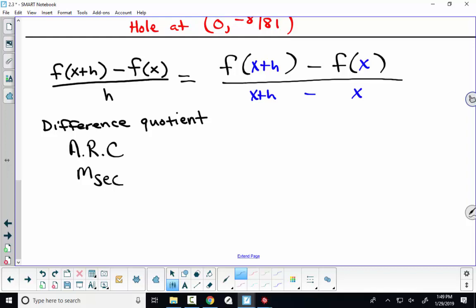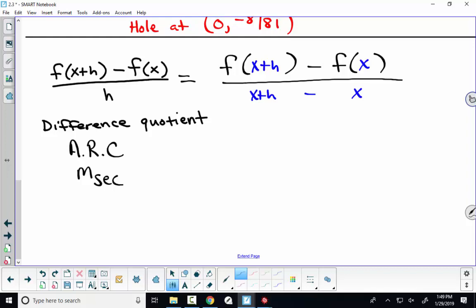Just like in 2.1 where we looked at average velocities as t approached 1, and that gave us an instantaneous velocity of like 64, I think. So as soon as we attach a limit to our difference quotient, we get the slope of our tangent line, which is really one of the main ideas of why we're even studying limits.